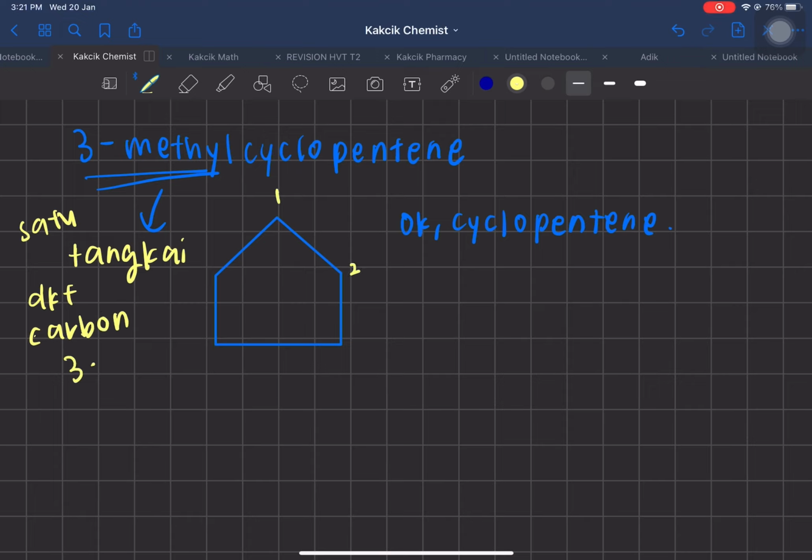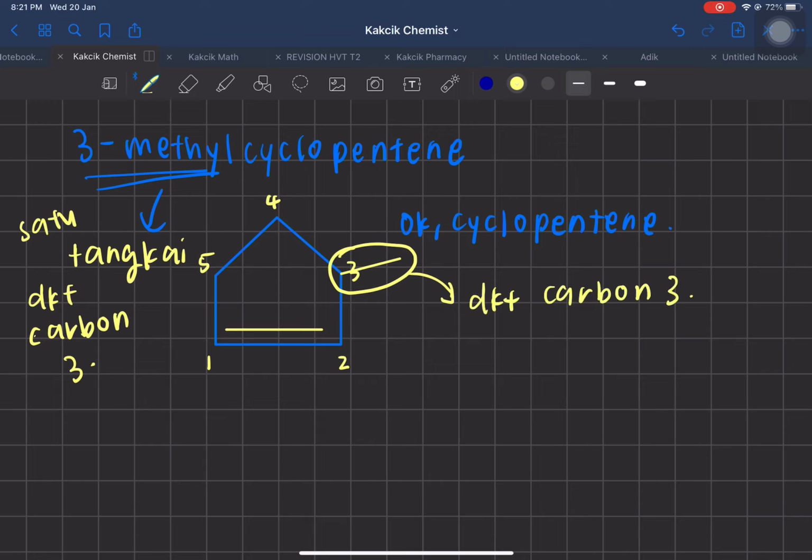So double bond ni basically kita akan letak dekat bawah tu. Selalunya. So, you can choose any of it, tapi selalunya kita akan letak bawah tu. Okay. Lepas tu dia kata 3 methyl. Methyl tu kita akan letak dekat carbon number 3.